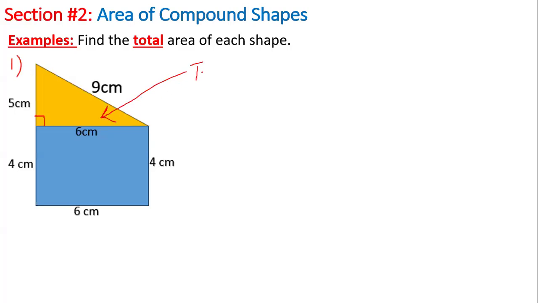Then we have to find the area of the rectangle. And then once we find the area of the rectangle and the area of the triangle, what do you think we're gonna do with the areas? Add them. So we're gonna add those.